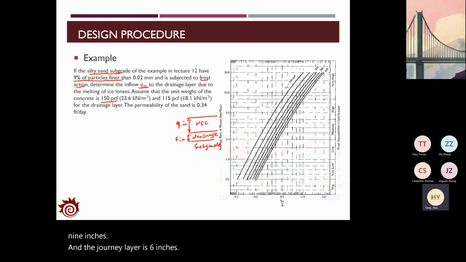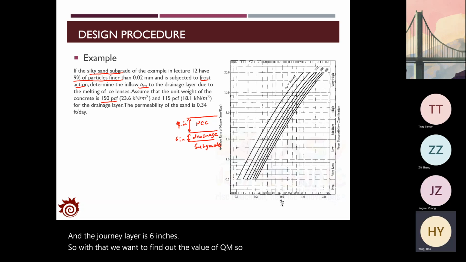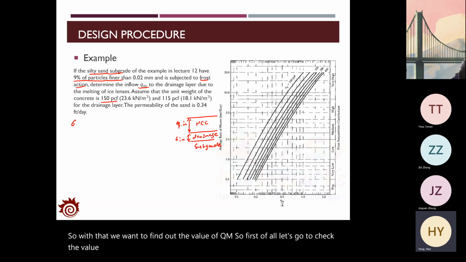With that, we want to find the value of QM. First of all, in the solution, we need to find the value of sigma P, which would be the consolidation pressure.